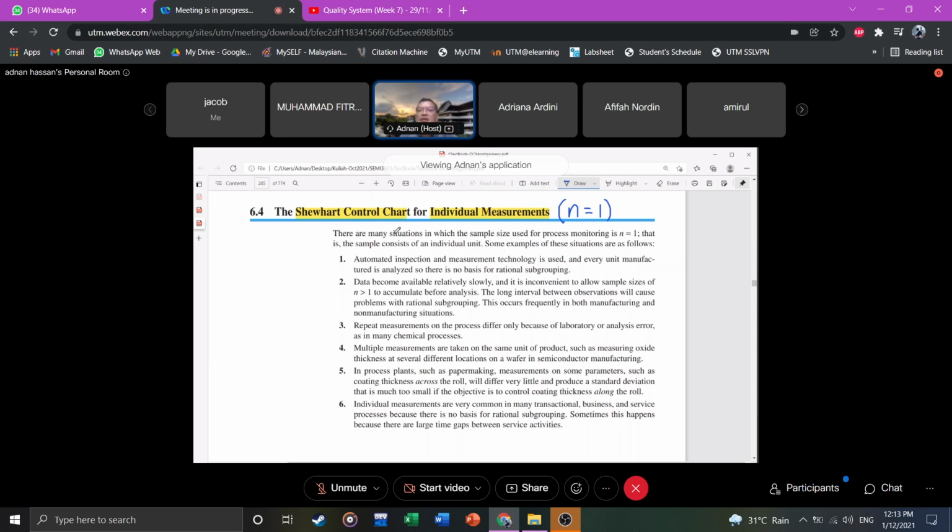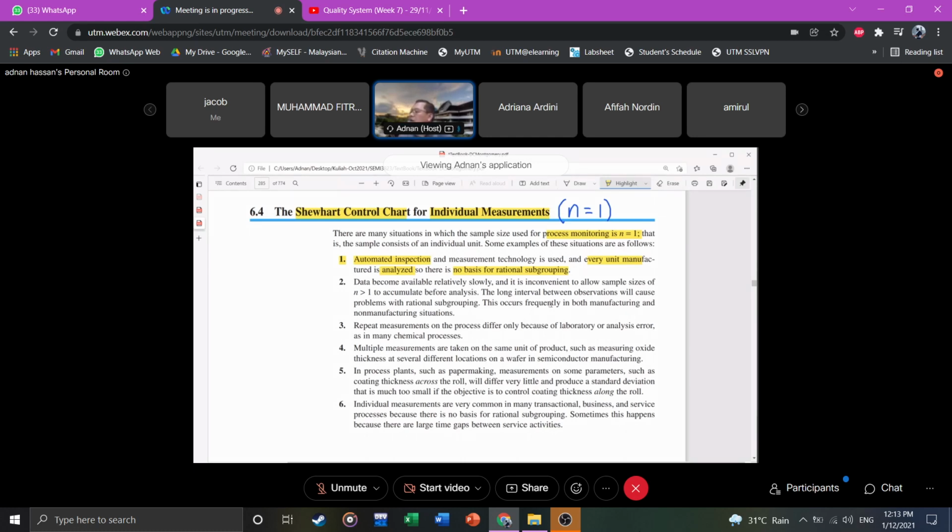So there are many situations that lead to this case. The sample size for process monitoring is n equal to 1. For example, during automated inspection, every unit in manufacturing is being measured and analyzed. There is no basis for rational subgrouping, because you are doing 100% inspection.